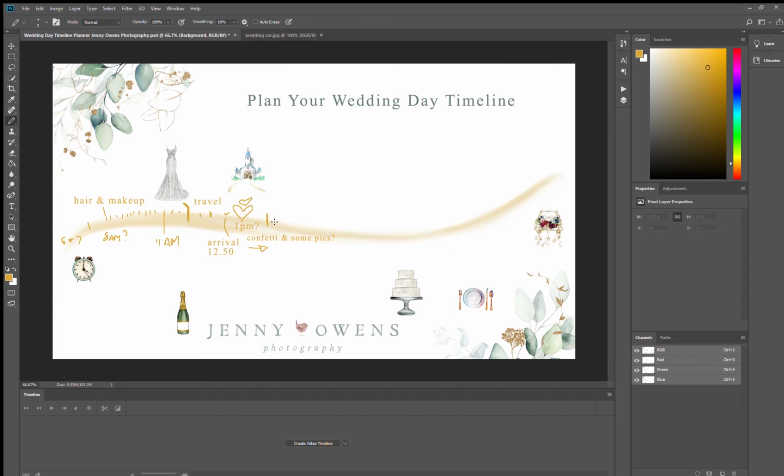And then we're going on to travel time. Again, allocate enough time to travel from ceremony to the reception. Typically, your guests will arrive at your reception venue before you, because you'll probably be taking a few more photos, and a few of your guests will probably move on to the drinks reception.